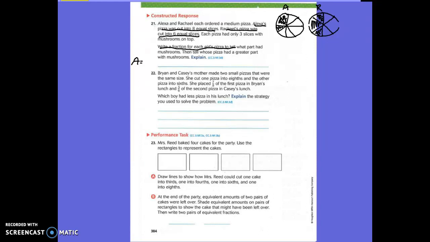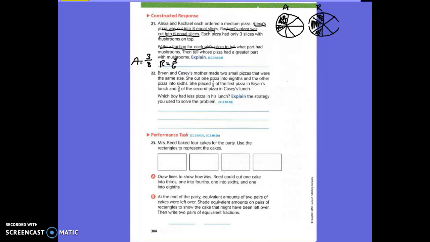Okay, split into 8s and we shaded 3. Thank you. And then we're going to do Rachel. Aubrey, tell me what Rachel's fraction will be. 3/6, because there are 3 mushroom slices out of 6 slices, right? Yes. It's split into 6.